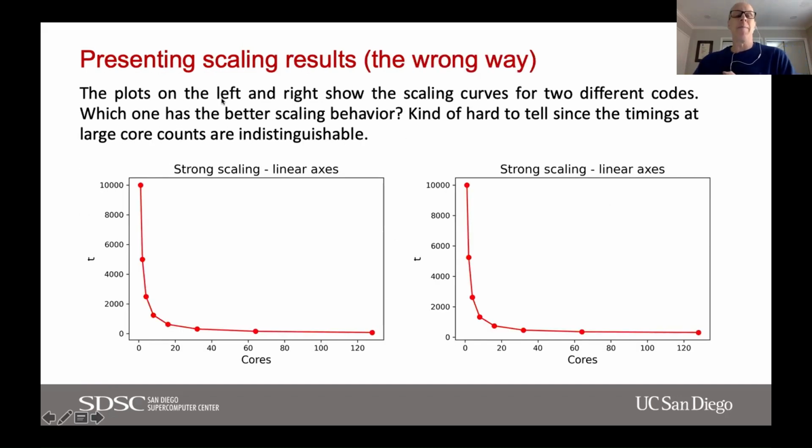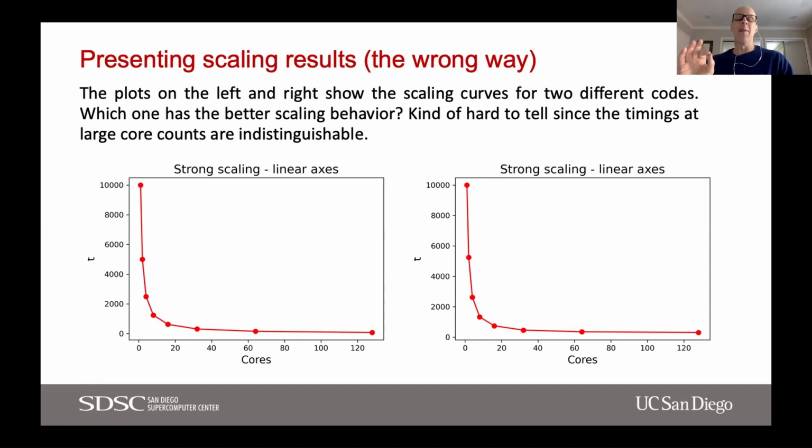So I'm going to talk about presenting the scaling results, and we're going to start off with the wrong way to do this. So these two plots, believe it or not, are scaling curves for two different codes. And it's really hard to tell which one has the better scaling behavior. And the reason we can't tell is because the timings at the large core counts are indistinguishable.